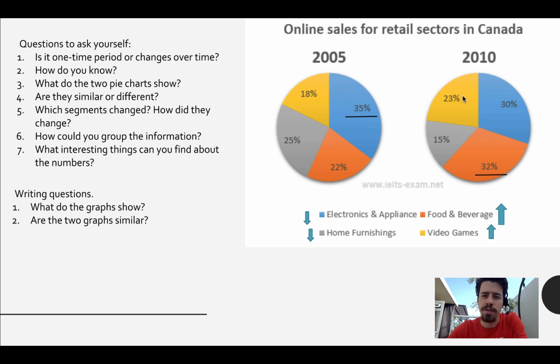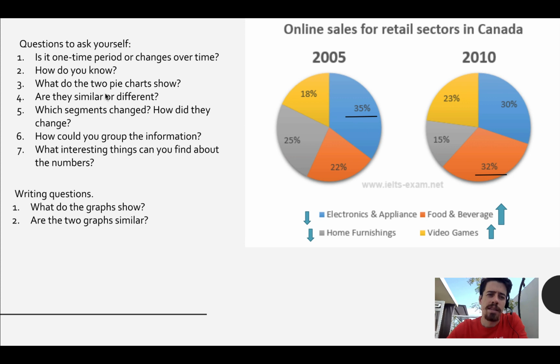So you can show off your vocabulary if you use phrases like 1/4. 25% is exactly 1/4. 32% is very close to 33%, and 33% is 1/3. I'm just looking to see if there's anything we could use with doubled. Basically there's nothing for this that I can see easily.